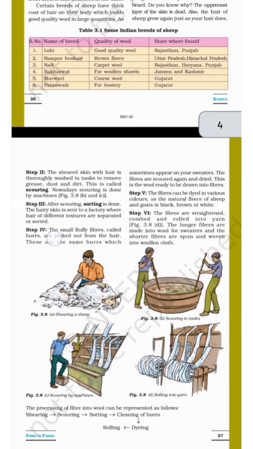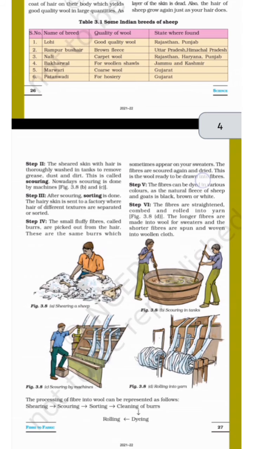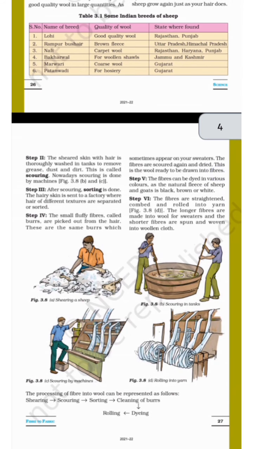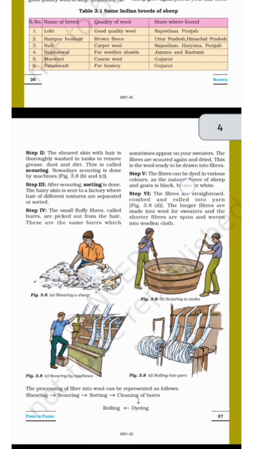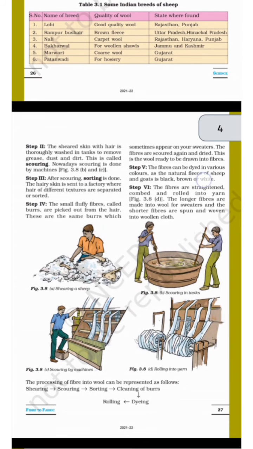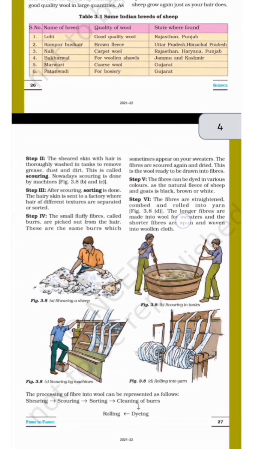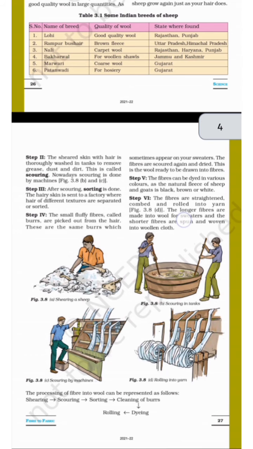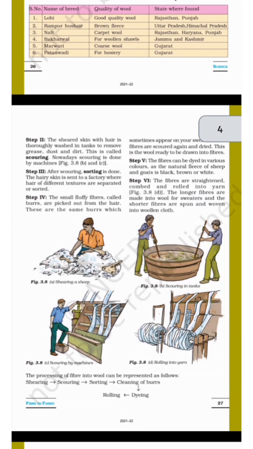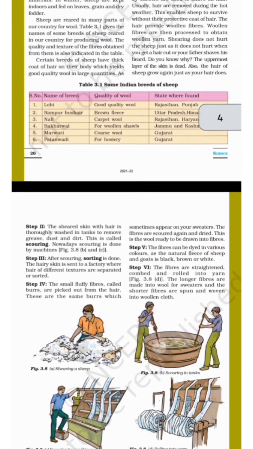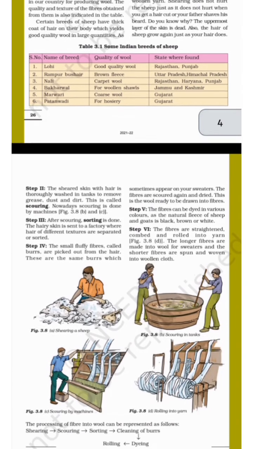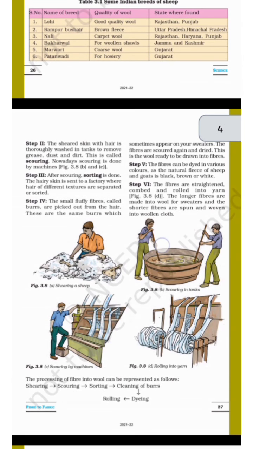In step 4, the scouring method is done again. And in step 5, the dyeing method is done to color the hair. And step 6, the wool is combed, straightened and rolled like this. These are the processes of making wool. I hope you all understand this. Thank you, children.